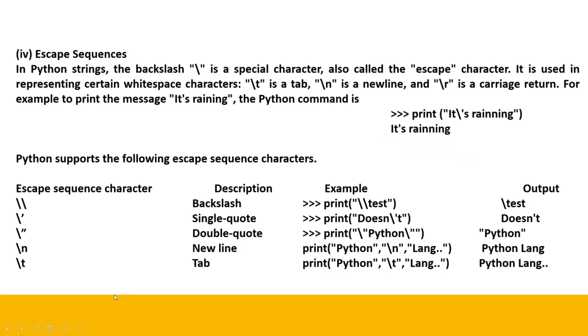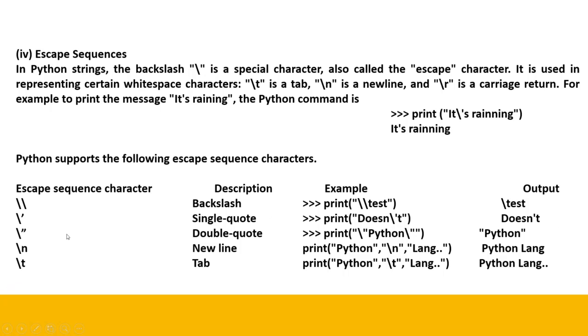So escape sequences are characters which are prefixed with a backslash. So here are some escape sequence characters, their description, example, and the output. Double backslash, you will get a backslash in the output.